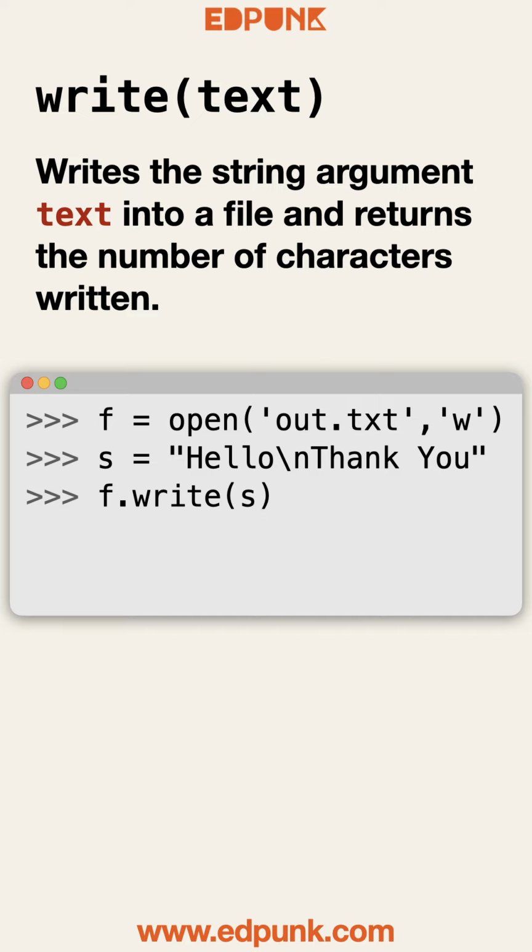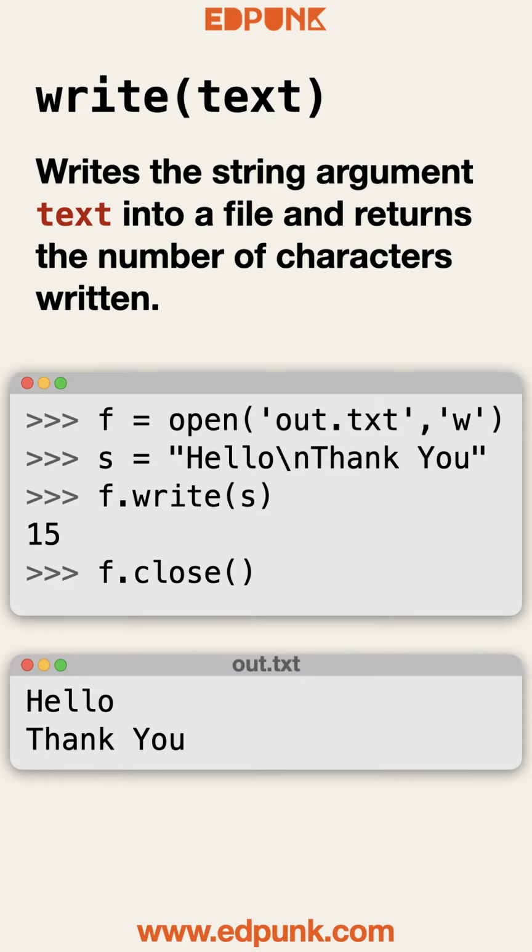The method returns the value 15, that is, the number of characters in the string. Now, execute f.close() to close the file object. On opening out.txt using a text editor, the following content is displayed: hello and thank you in two separate lines.